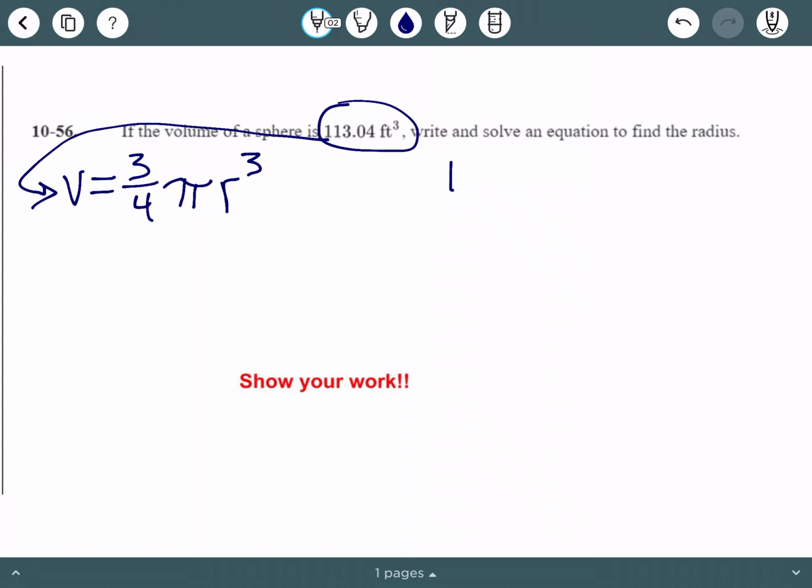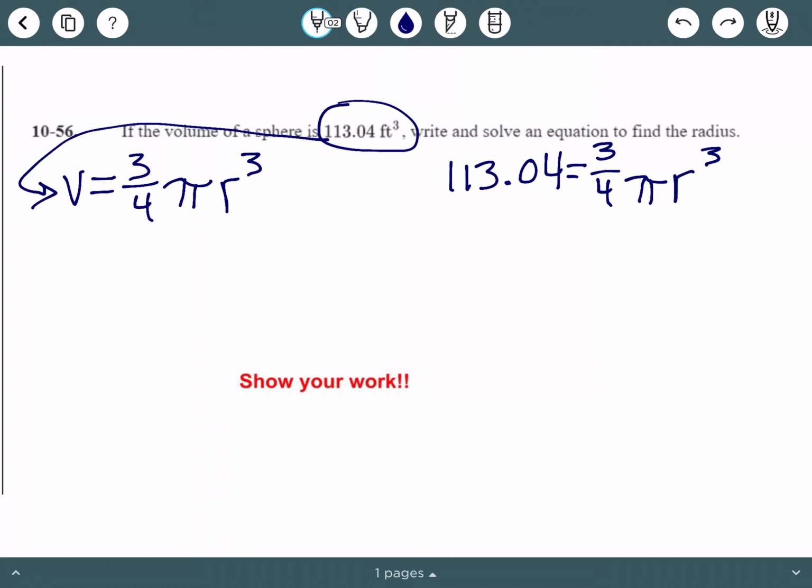That's going to give us 113.04, and that's equal to 3/4 pi times the radius cubed. Now we have a nice formula that all we have to solve for is the radius, right? That's our only variable. Everything else has a numerical value.